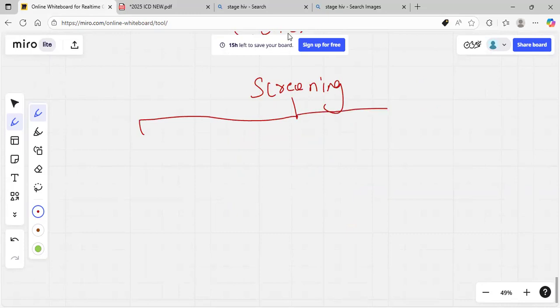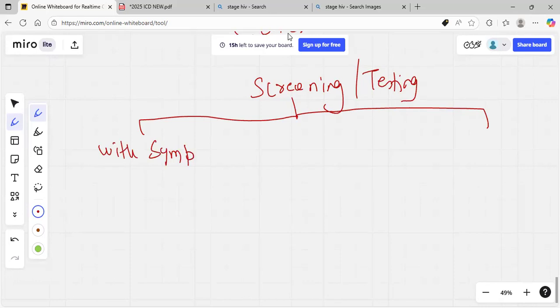So whenever a patient is coming for the testing or for the screening, we have to follow two steps. First, we have to look at whether the patient is coming with symptoms or without symptoms.